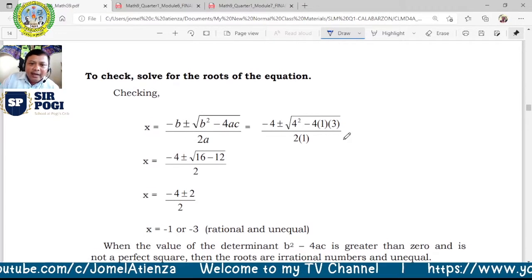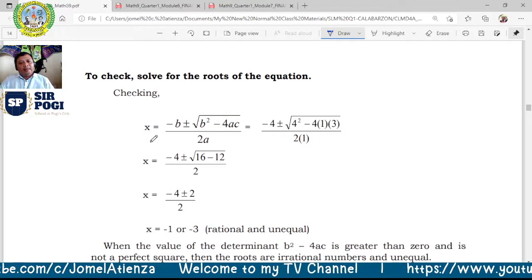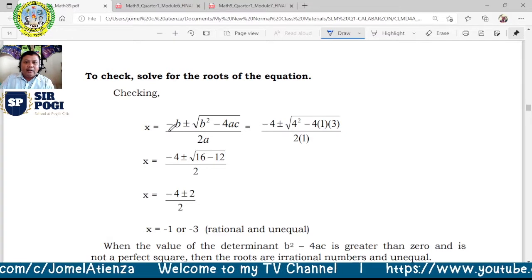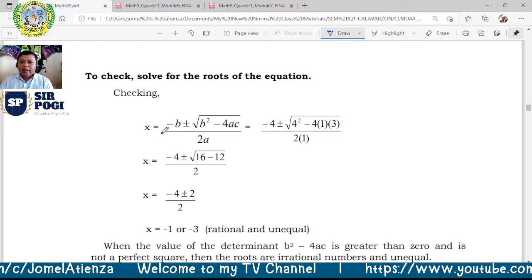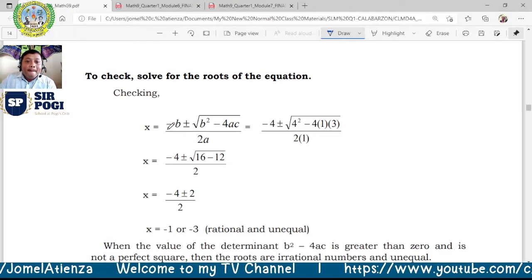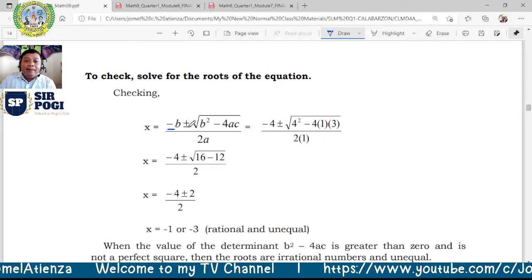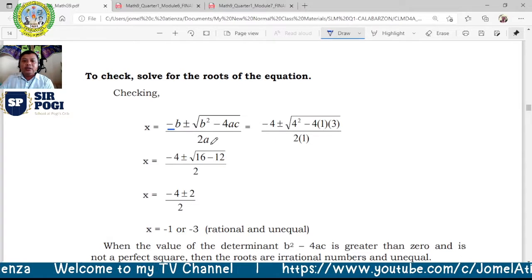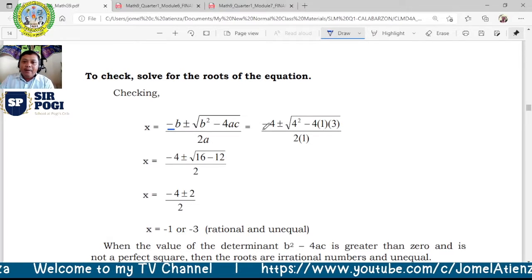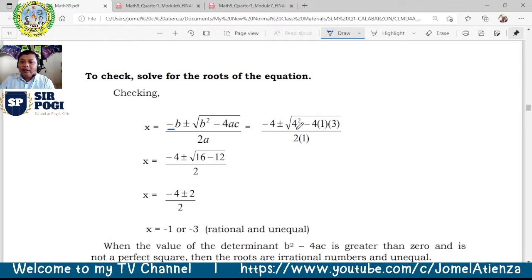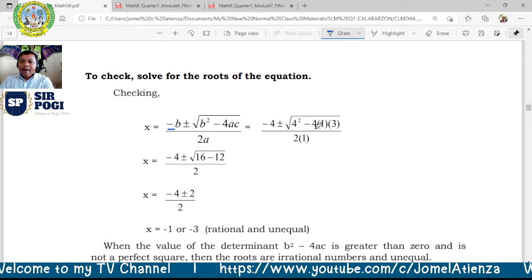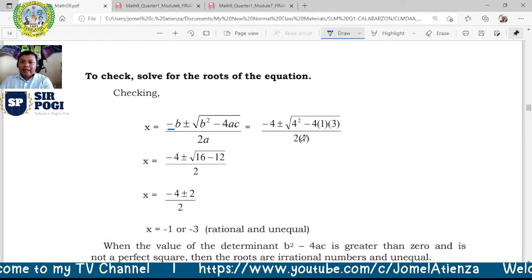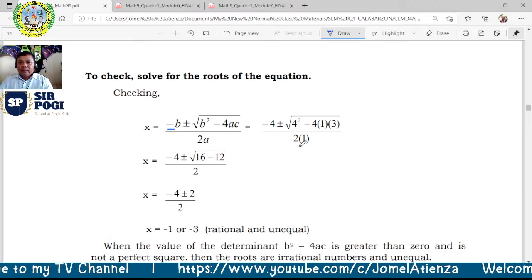So in checking, we have to get the value of x using the quadratic formula, our negative b plus or minus the square root of b squared minus 4ac all over 2a. So therefore, we have now negative 4 plus or minus the square root of 4 squared minus 4 times 1 times 3 all over 2 times 1.